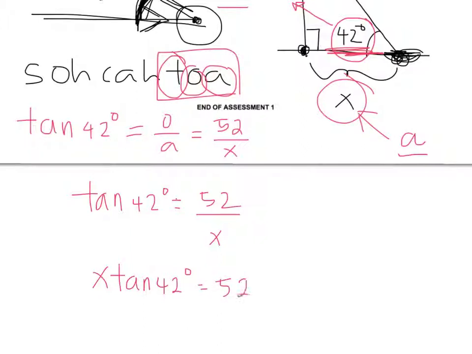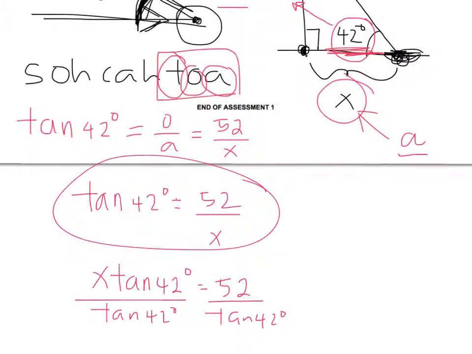Then x times tangent 42 equals 52, so to find x, you divide by tangent 42. This is very important. You should know how to manipulate the equation. You cross multiply and then divide when you need to divide. So x is just 52 over tangent of 42 degrees.